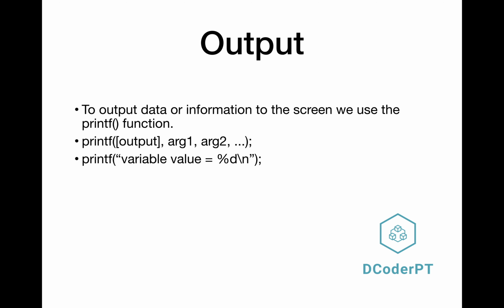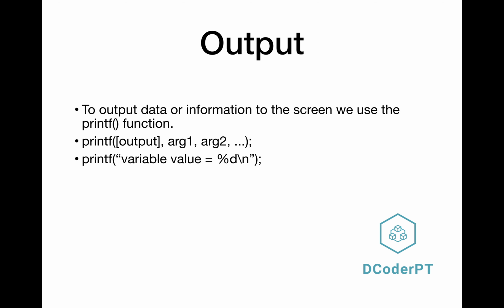We can have more than one format specifier in the same message. That's why you see arg1, arg2, and then we can have as many arguments as we need. For each format specifier in your message, you will have one extra argument in your printf. So if you have 3 format specifiers, you have to name all 3 variables whose values will be printed.